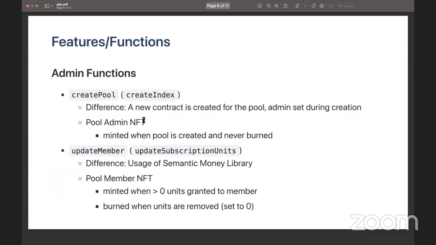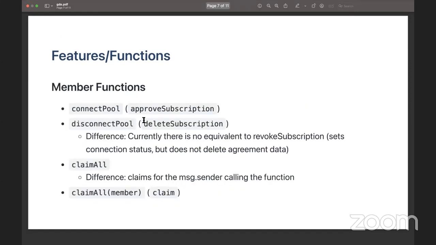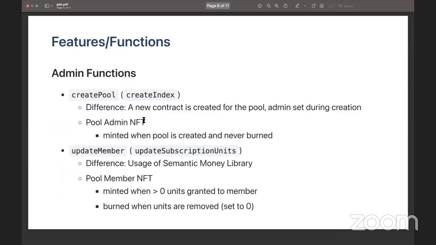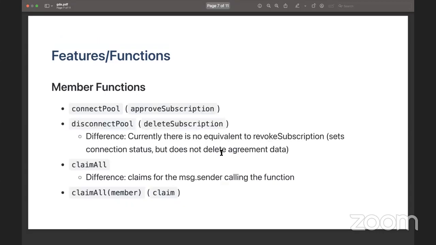exactly. When you create a pool, that's registered in the super token contract, and whenever you disconnect from a pool, then you're going to be passing in the pool address. And if it's not a pool that was created through our trusted GDA, then this will just not work.